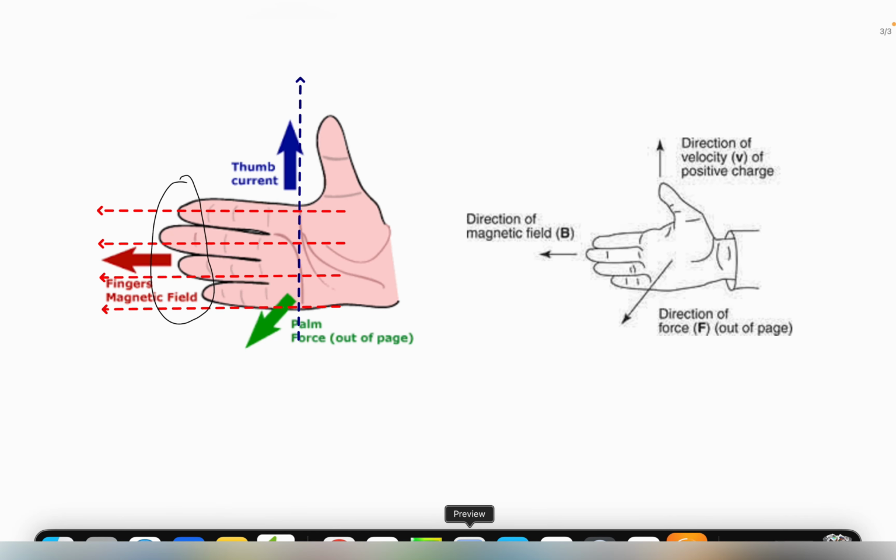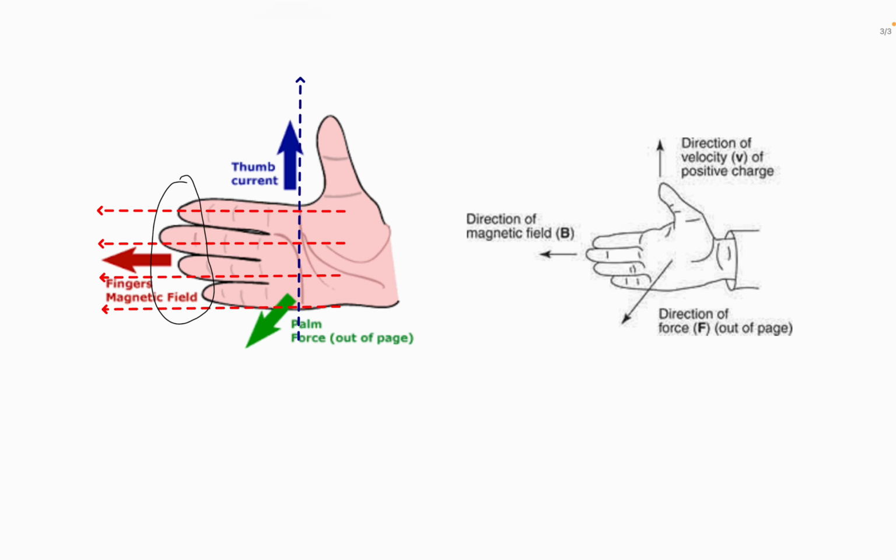It is carrying some current in that direction, so it will experience a force in the direction shown. In this case the wire will experience force away from your palm, and the force is coming out of the page.